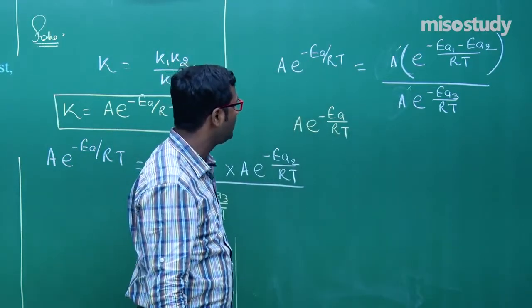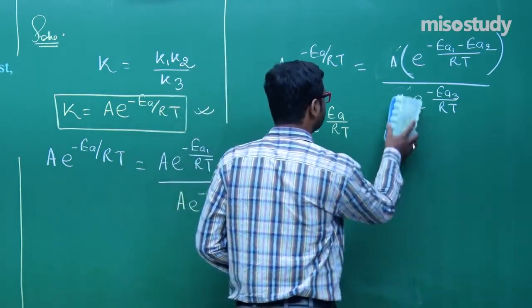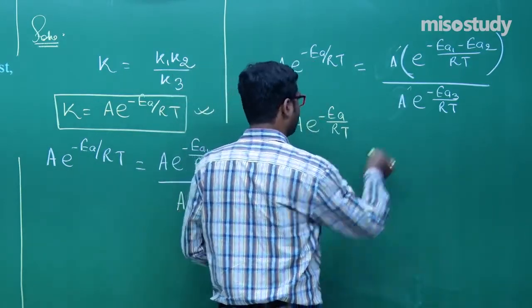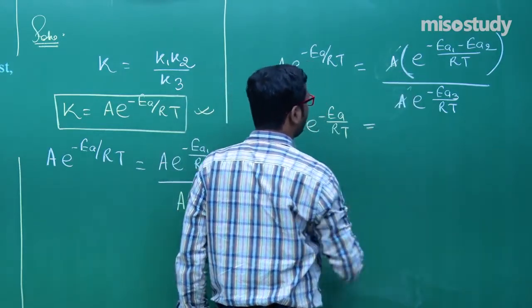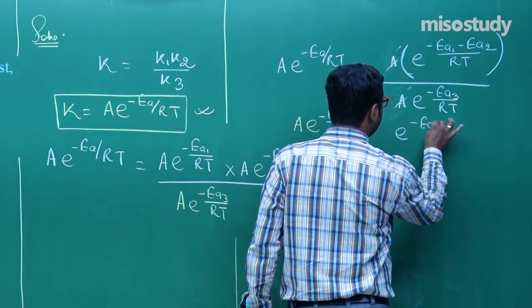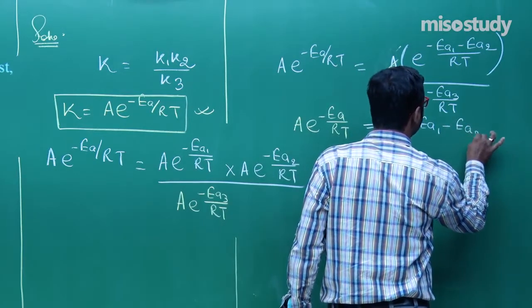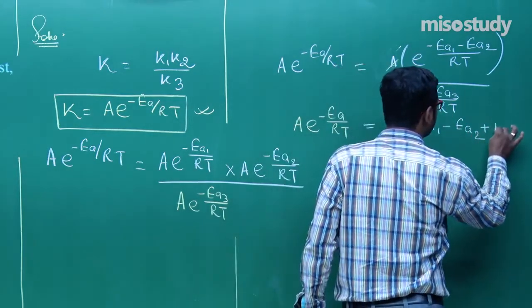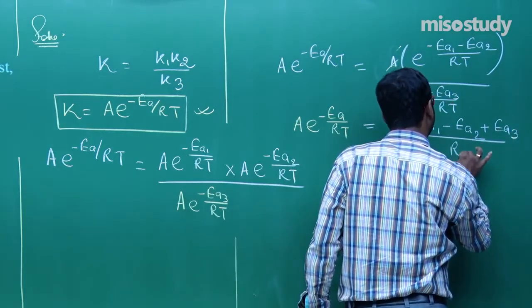The next one we can write here, this will cancel this one. Now Ea/RT is equal to (E minus Ea1 minus Ea2 plus Ea3)/RT.